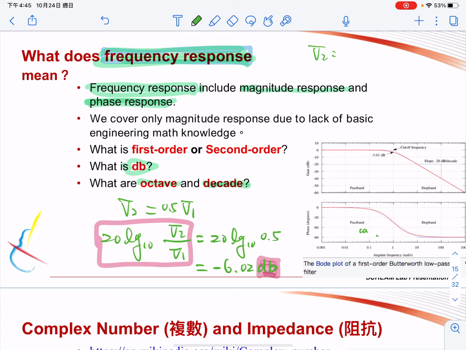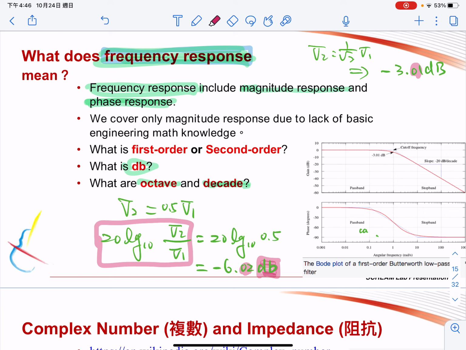If V2 is 1 over square root of 2 of V1, that would be minus 3.01 dB. And usually we'll discard the 0.01, the 0.02 here. It doesn't hurt. As I say, the electronic circuit is something like approximation. After approximation, there's approximation, and 0.01 is only a small fraction, so it doesn't hurt.